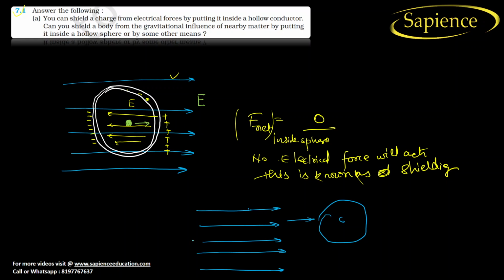So the gravitational influence will be like this, and if any other charges like q1, q2 are there, anything may happen. Now if I shield with anything, what will happen?